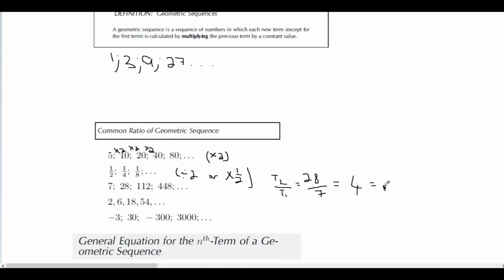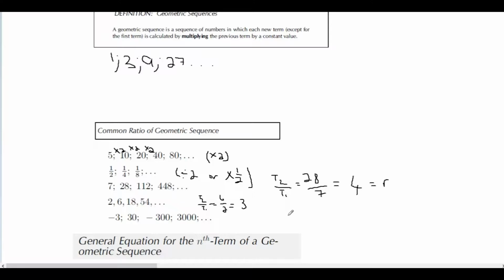So our r value is 4. We can do the same over here. We say t2 divided by t1 is 6 divided by 2. That gives us 3.